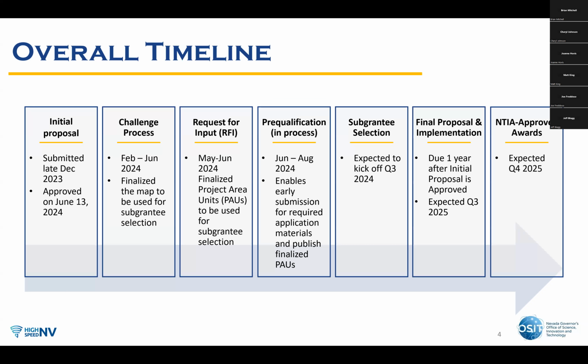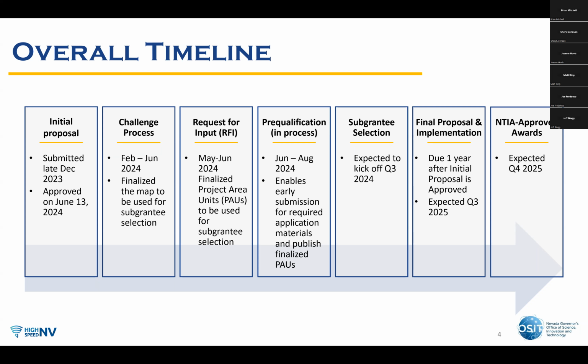We are now in the midst of pre-qualification with some early submission information. And of course, OSIT has published the finalized project areas. So subgrantee selection kicks off, as Brian said.